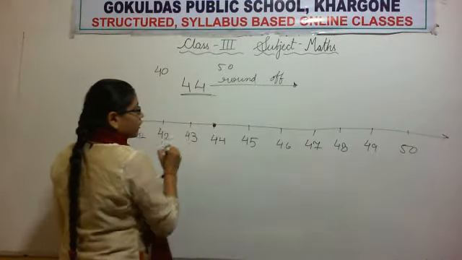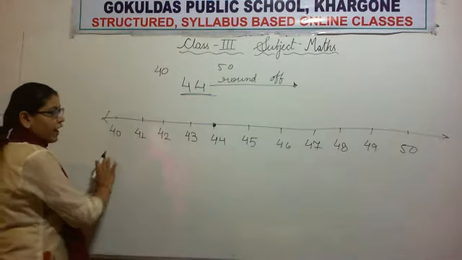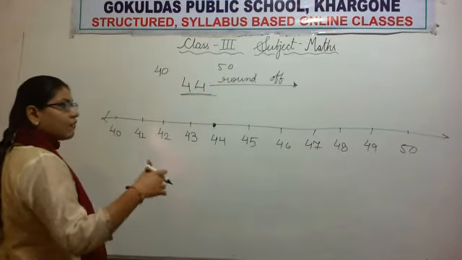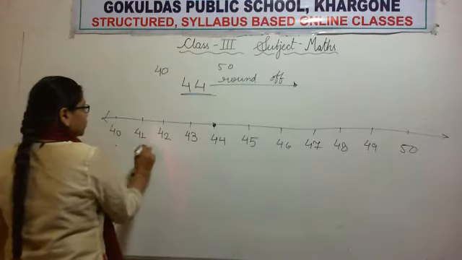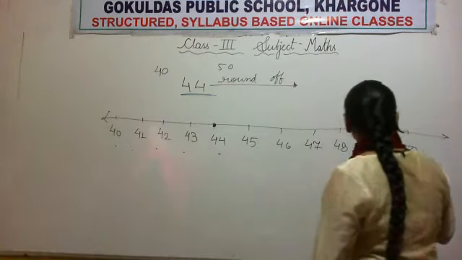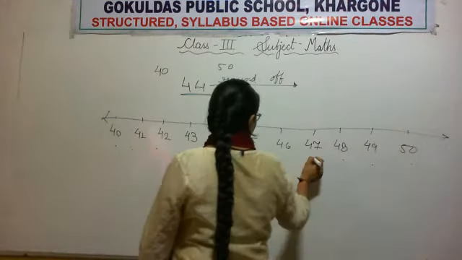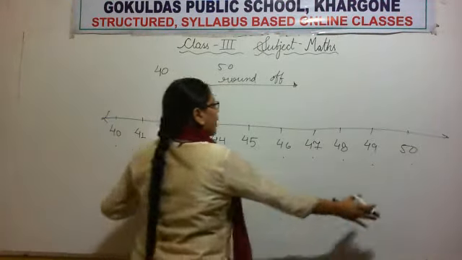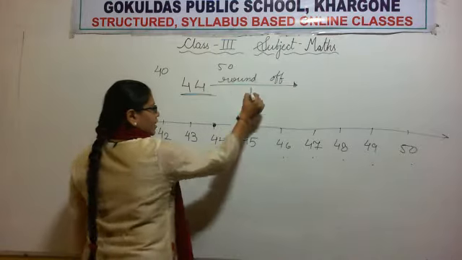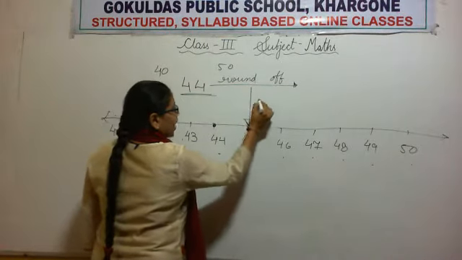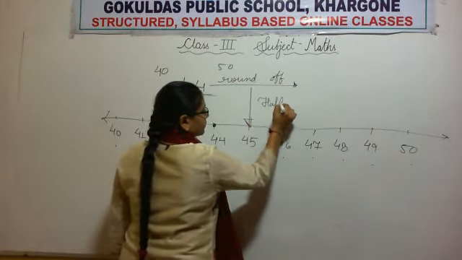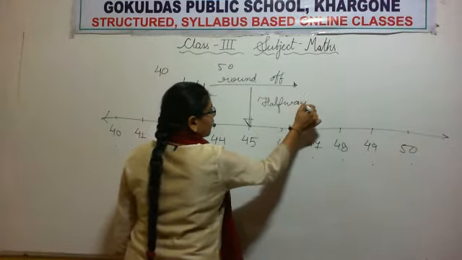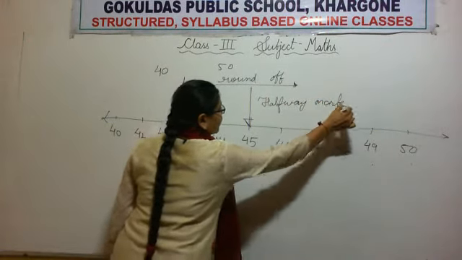Here is number 44. Now, we will leave 5 numbers from the left, 1, 2, 3, 4, 5, and 5 numbers from the right, 1, 2, 3, 4, 5. The number that is left is our halfway mark.